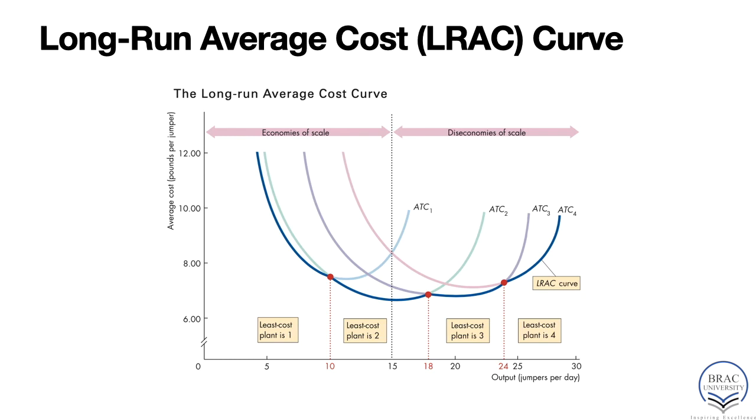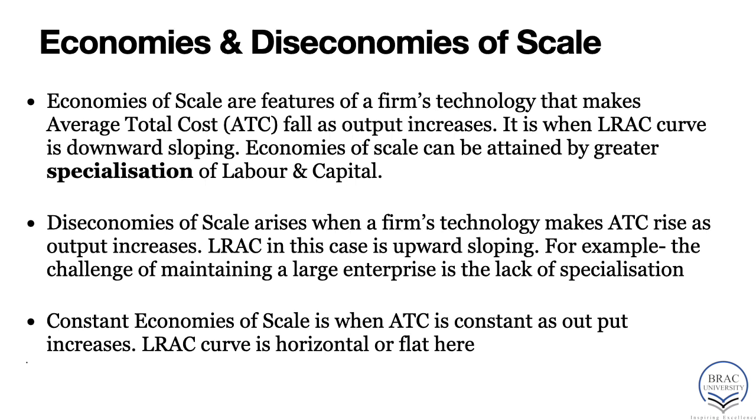And from the long-run average cost curve, we can detect the presence of economies and diseconomies of scale, one of the most common and major theories of economics which you're going to learn in this slide. Economies of scale are features of a firm's technology that lead to falling long-run average cost as output increases.